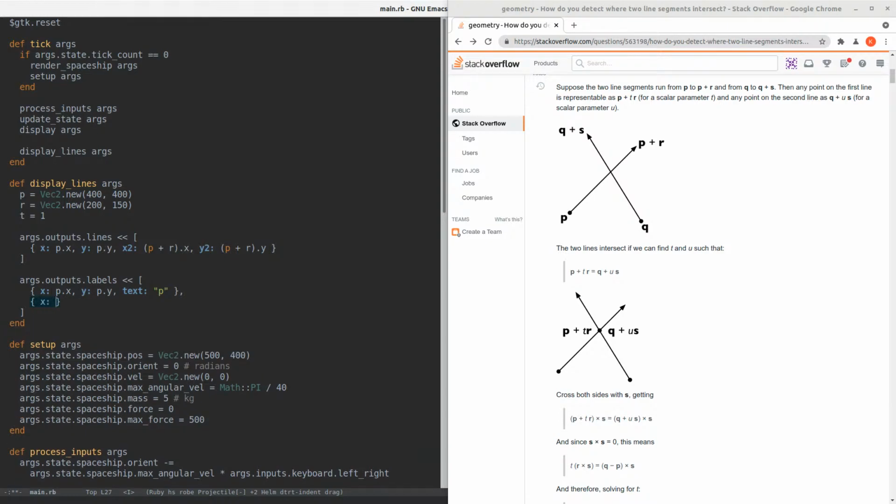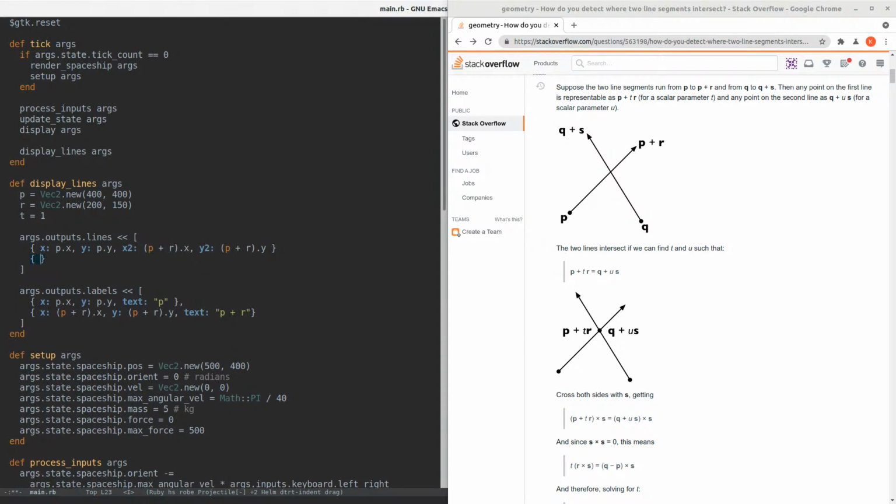And we'll also add in p plus r dot x, and I know I could have just put this into a variable, but that's fine. Y text, and this is p plus r, right? So we have this to here. Does that make sense?